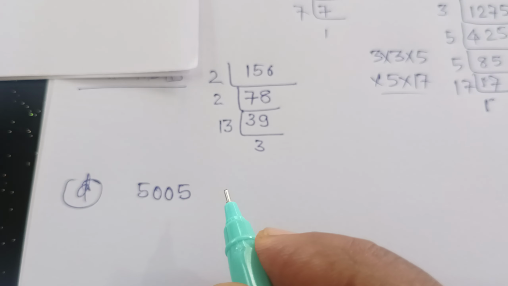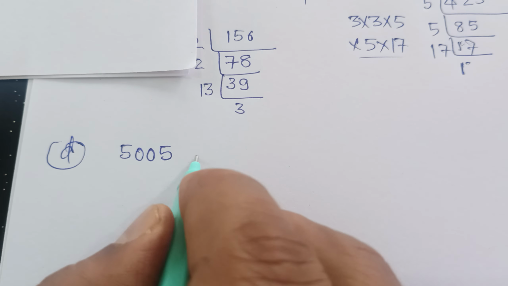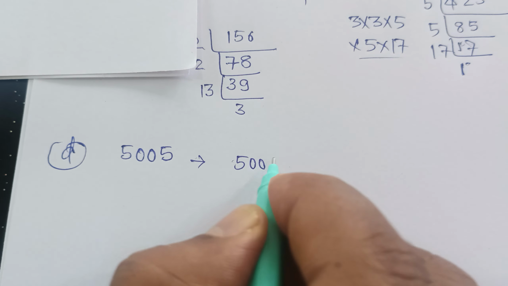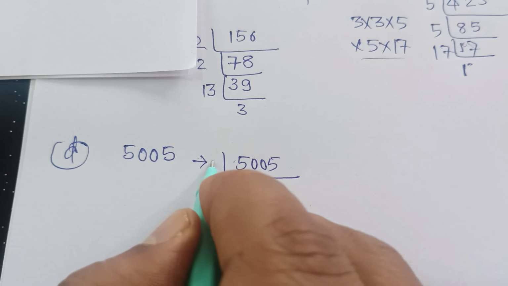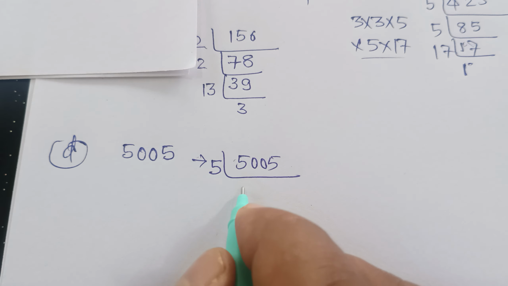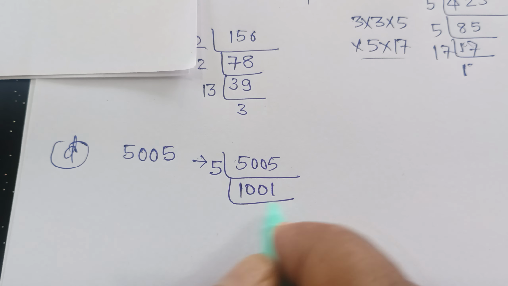This also we have to do with the same prime factorization method. Please start with the solution: 5005. You start with prime number 5 only. So 5 ones are 5, 5 tens are 50, which gives 1001. This you can say.